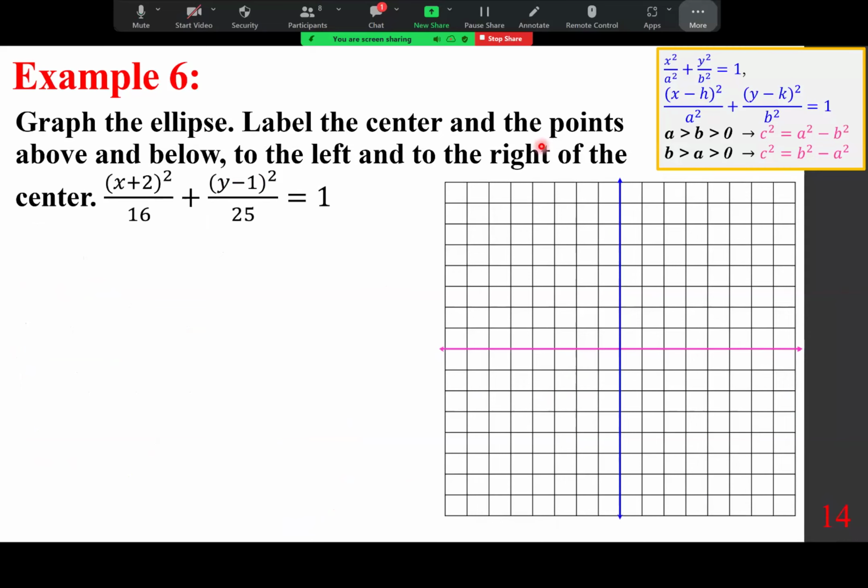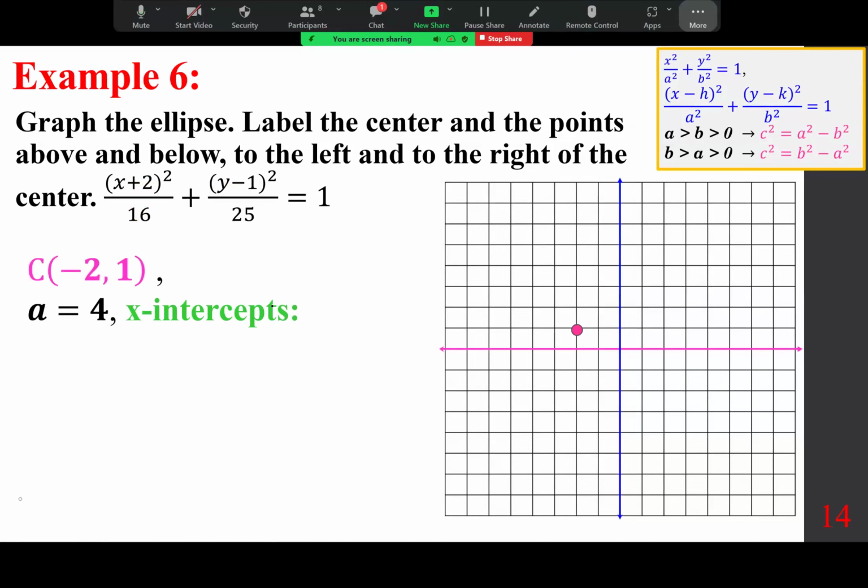Graph the ellipse, label the center and the points above and below, to the left and to the right of the center. So we're going to analyze this, and we quickly compare this to the general form, and we notice the center is located at -2, +1. A squared is 16, a is 4.